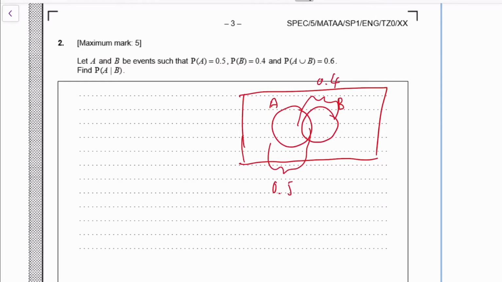Okay, so common mistakes: you cannot put 0.5 here, because if you put 0.5 there, it would mean that this area is 0.5. But what the question means by 0.5 is that the whole A together is 0.5, which means this bit plus the middle bit together is 0.5. So don't do that.